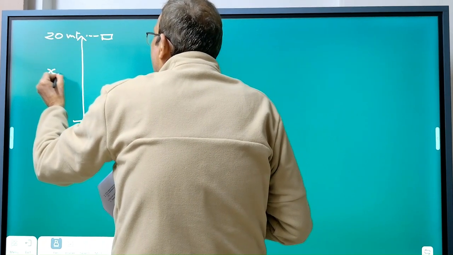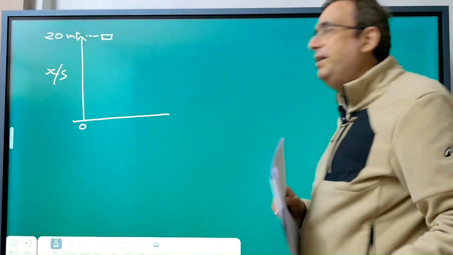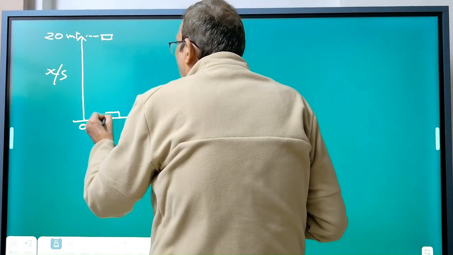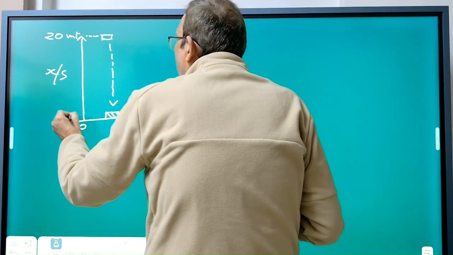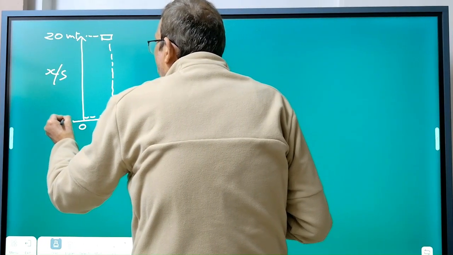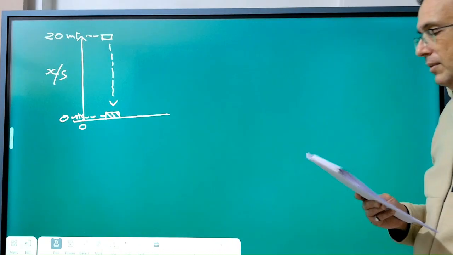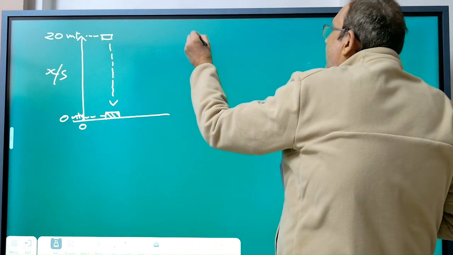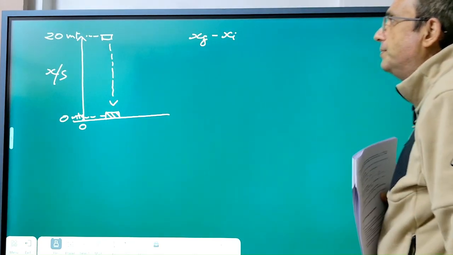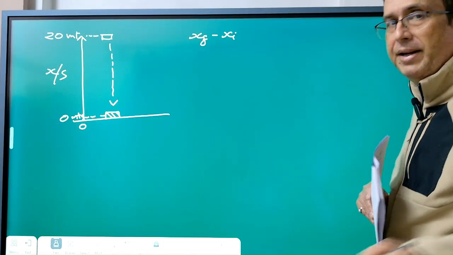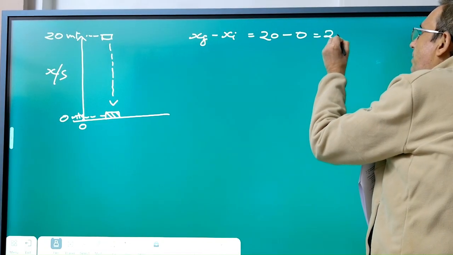You can say this is x or s, and it is 20 meters, and once it falls and reaches the ground, the value of the position is 0. So x final minus x initial is the total displacement, and it is equal to 20 minus 0, which is equal to 20 meters.